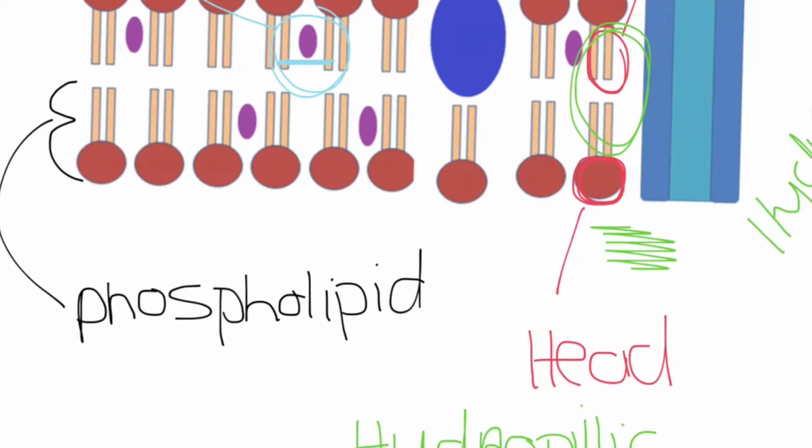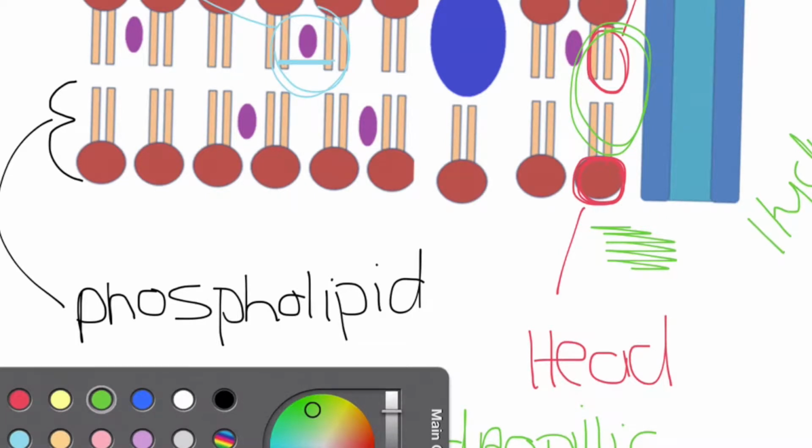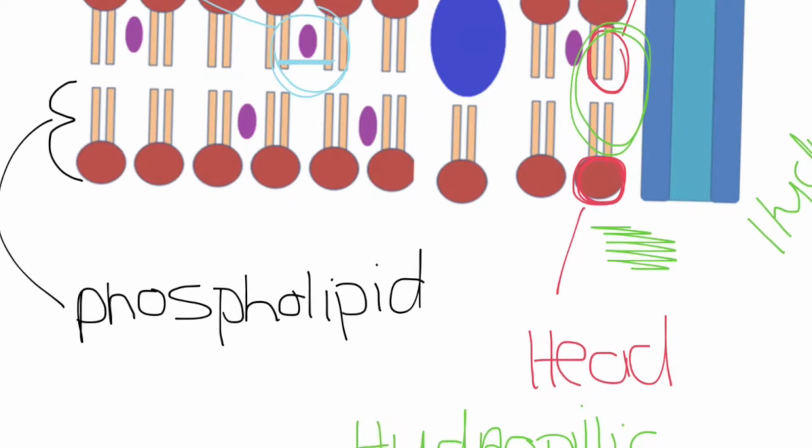Okay, so that's what allows us to have that mosaic fluid model, which is the cholesterol. Okay, and the other thing that you might want to label, I'm just going to change colour, we'll go with this purple, is you might have protein channels or protein receptors, okay. But I think that that's important that you label that as well.